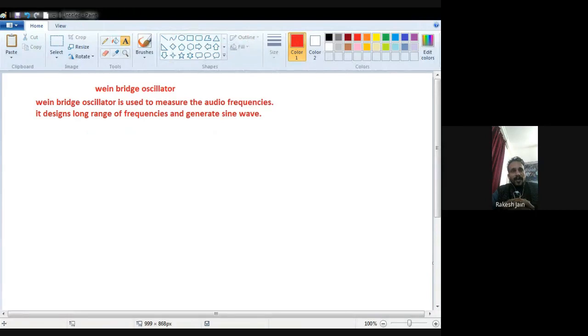There are some advantages. First of all, it fabricates a pure tone, and it provides excitation for AC bridges; long distances can be spanned. And there are some disadvantages also, like the circuit needs a high number of components and has a limited output frequency. So there are certain advantages and certain disadvantages of the Wien bridge oscillator.